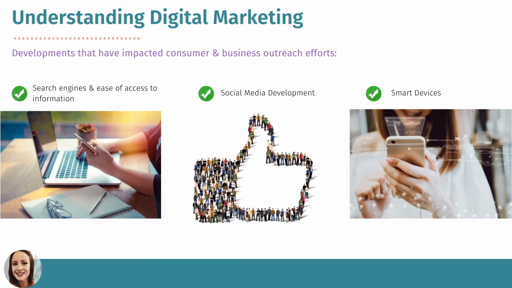Now, the 3 big things that have impacted this transition from traditional methods of marketing to inbound marketing are, first, search engines and the ease of access for information, so people can get to what they need. They can research what they need right at the tip of their fingertips. Second, social media development. This is huge. People are now hanging out virtually.